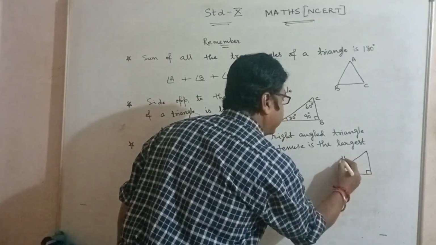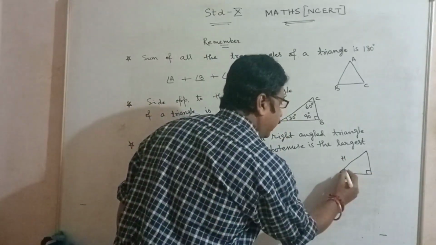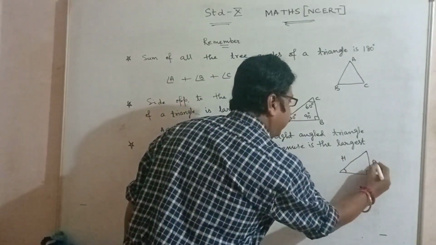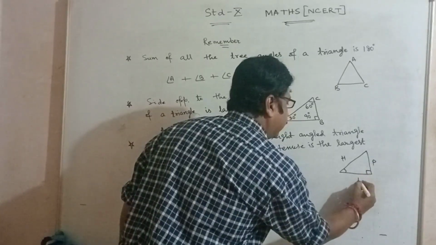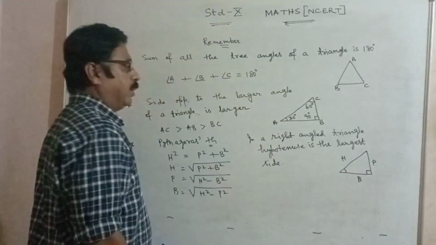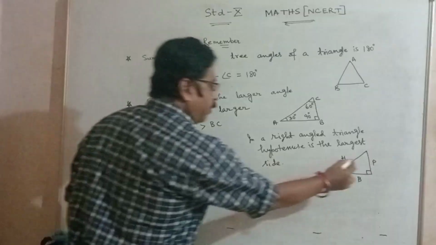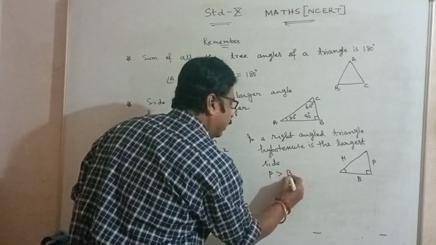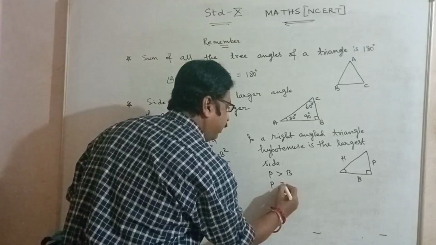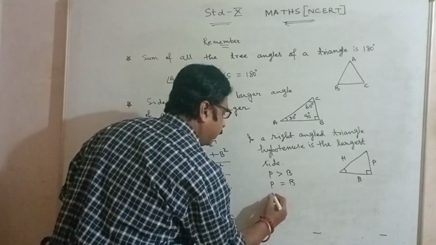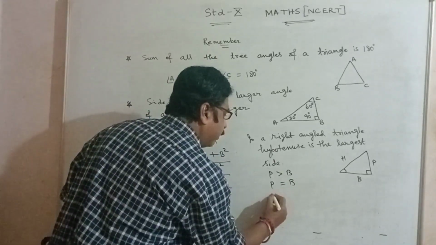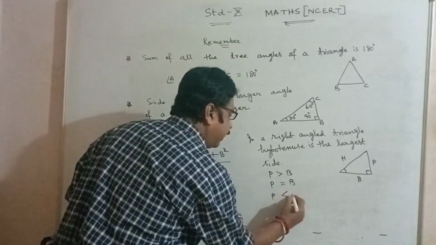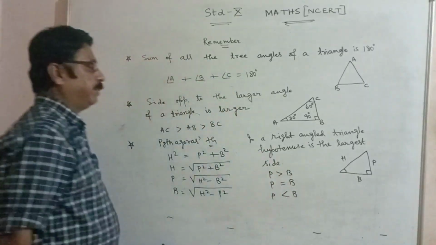It is hypotenuse. If this angle is given, this will be perpendicular and this will be base. Perpendicular may be greater than base, perpendicular may be equal to base, or P may be less than base.